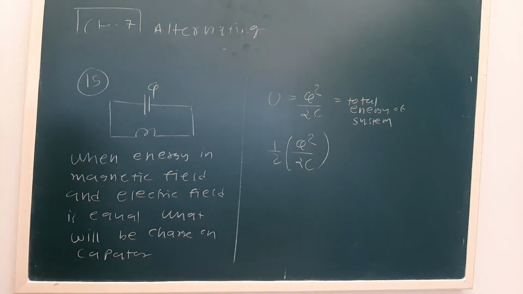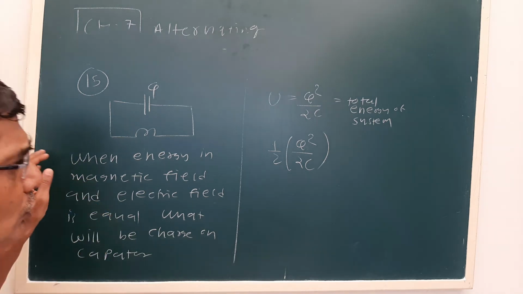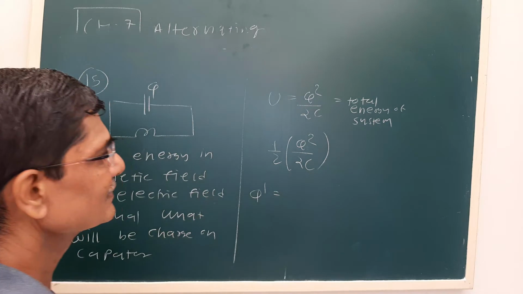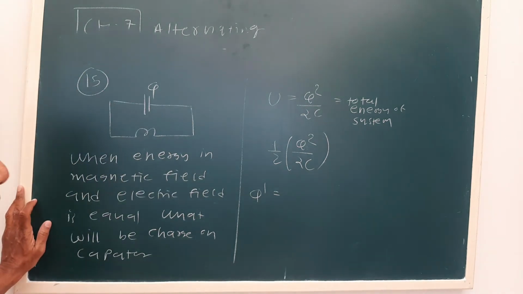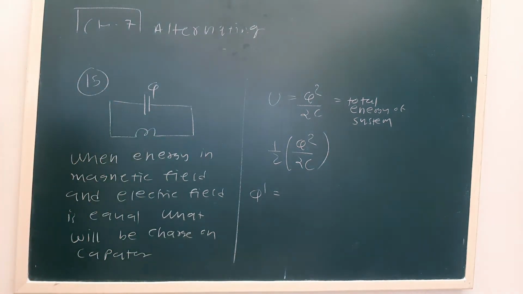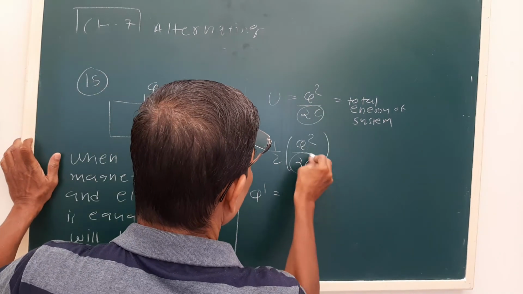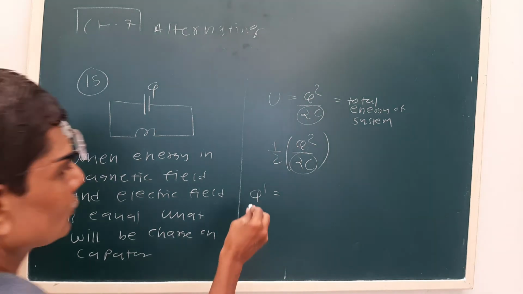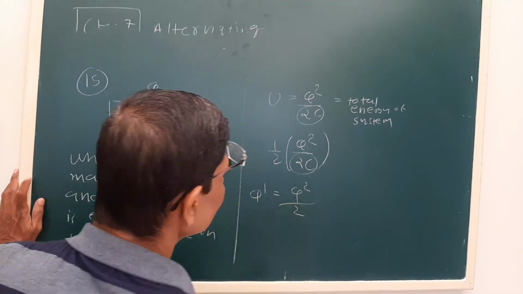At that time, let us say the charge is Q dash. Okay. Now, see here we can say Q dash square by 2C is the energy when the energy become equal. Okay. So, see here this is constant. So, Q dash square is Q square by 2.